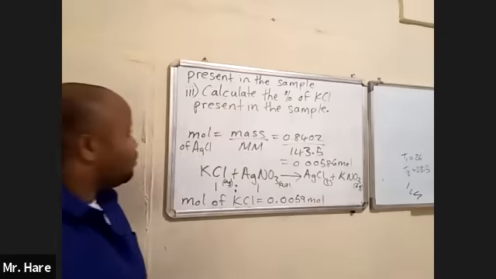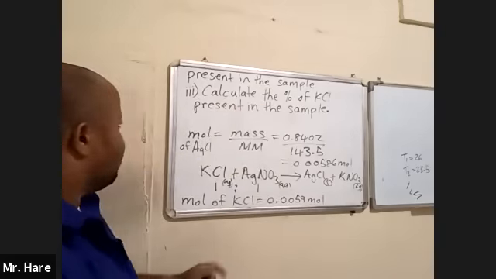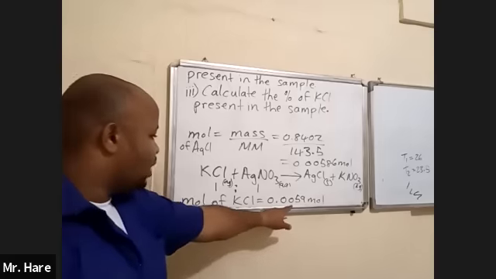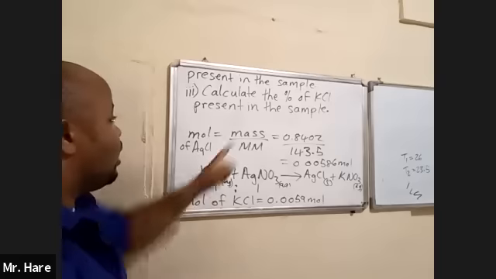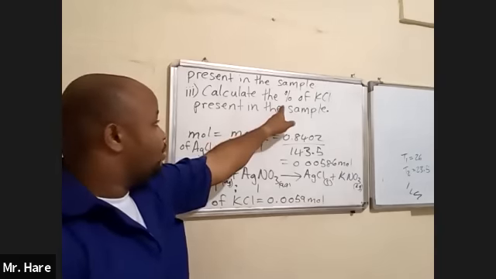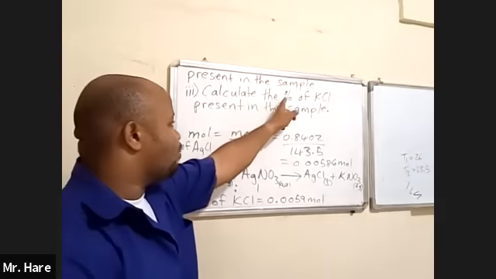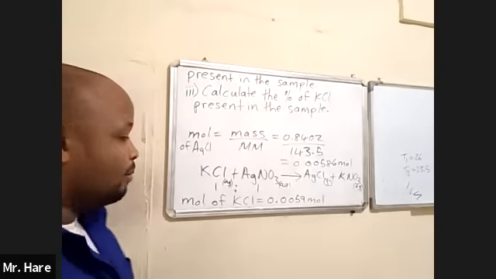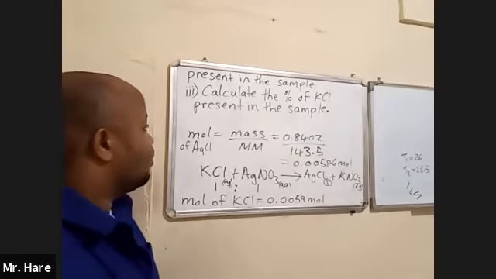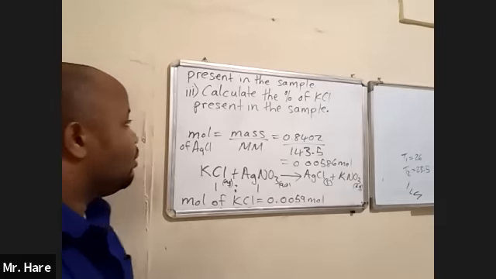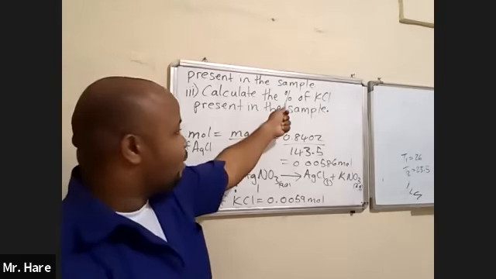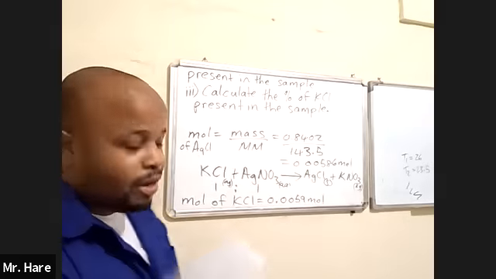And so once you have the number of moles of KCl, again, they skipped a step. Which step did they skip in asking you to calculate the percentage? The mass. Exactly right.